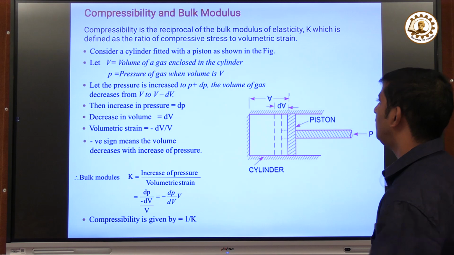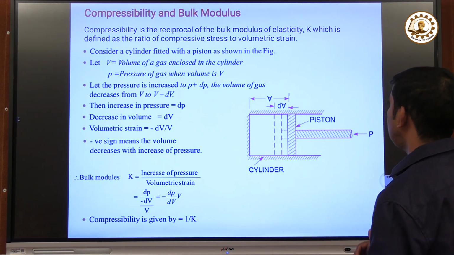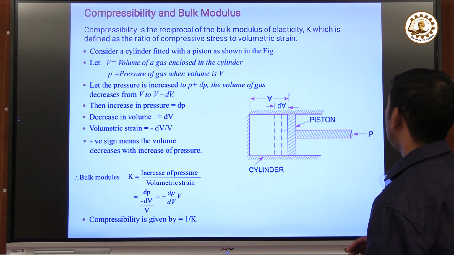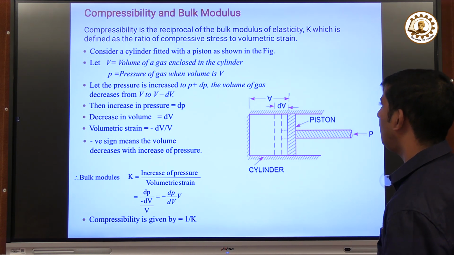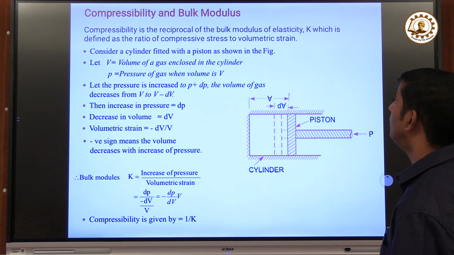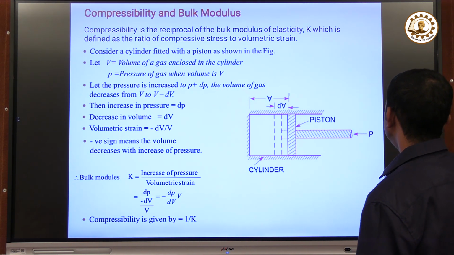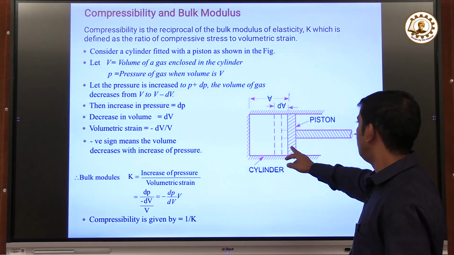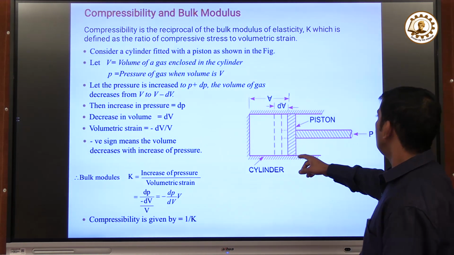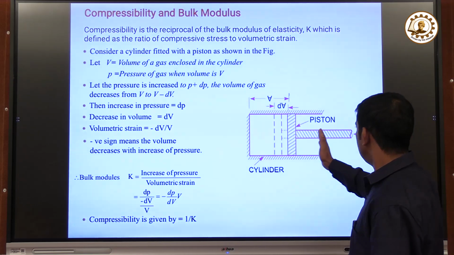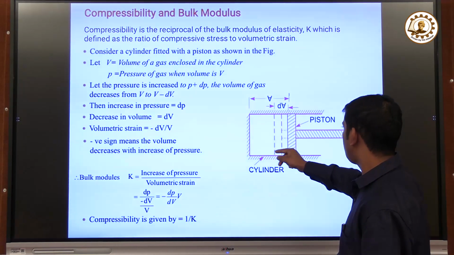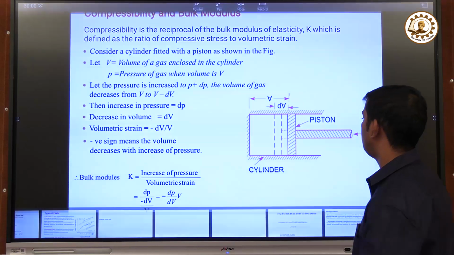Let us consider the pressure is increased to P plus dP when the volume of the gas decreases from V to V minus dV. Just see, this is the piston, and when the pressure is increased, the piston goes to this dotted line.